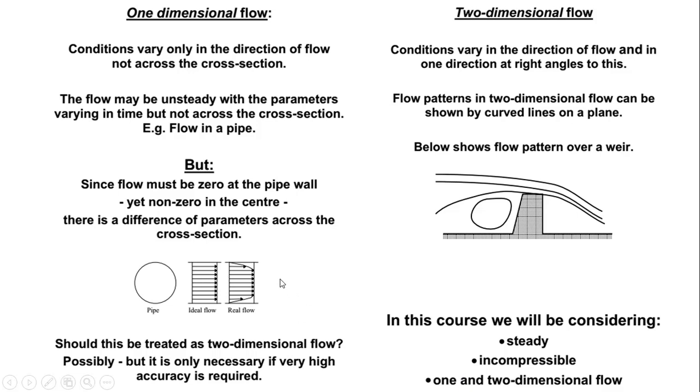For 1-dimensional flow, if we look at flow in a pipe, we can consider it to be 1-dimensional. If we've got a weir, we can consider it to be 2-dimensional flow. So when you look at flow over weirs, keep in mind that most probably you are going to be looking at 2-dimensional flow. But flows in pipes, basically it's just going to be flow in 1 dimension.